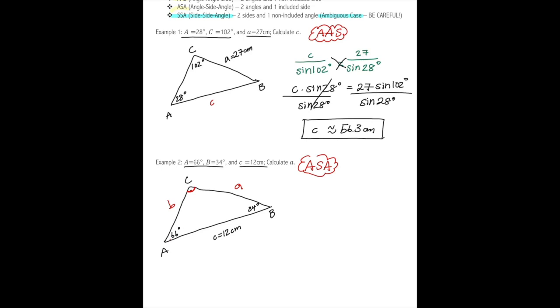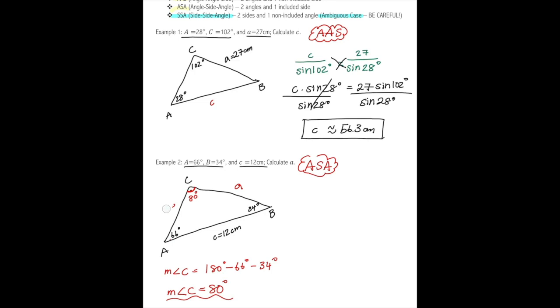Well, one angle that I can find is the measure of angle C. If I know two angles in a triangle, I can find the third by the triangle angle sum theorem, because all angles add to 180 degrees. So I can do 180 degrees minus 66, the angle A, minus 34. This gives me the measure of angle C, which is 80 degrees.